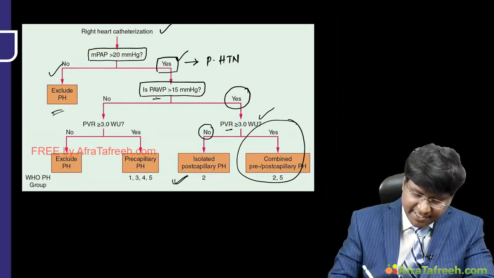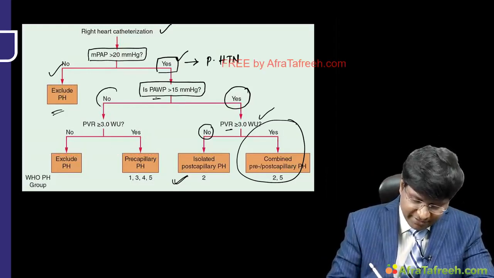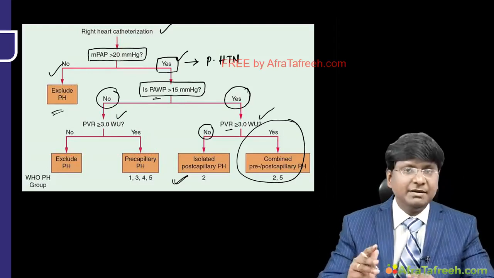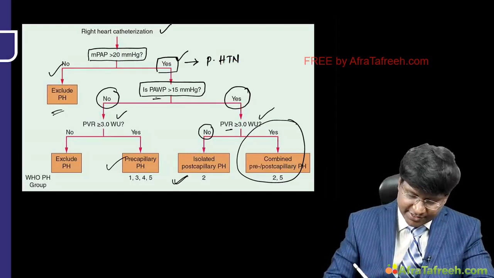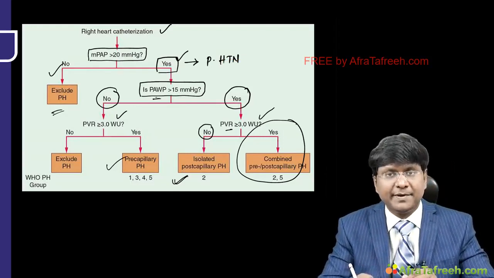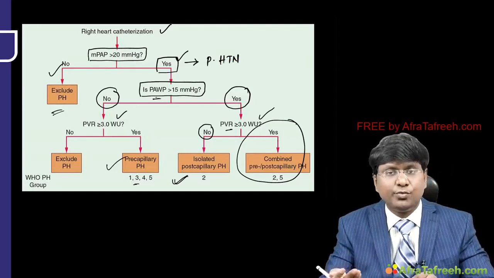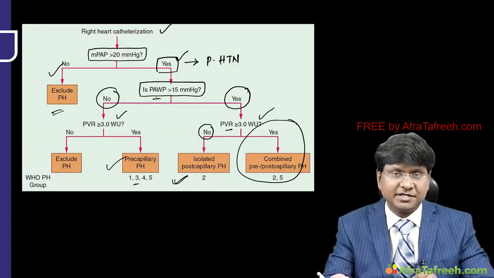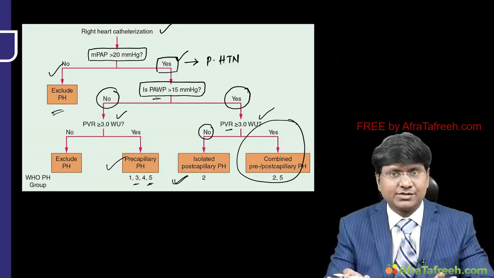And if pulmonary arterial wedge pressure is not more than 15 millimeters of mercury, but pulmonary vascular resistance is more than or equal to 3 Wood units, then you need to consider it as the isolated pre-capillary pulmonary hypertension. That includes the idiopathic. Then group 3 will be your lung pathologies. Group 4 will be your chronic thromboembolic pulmonary hypertension. And group 5 will be rare causes or miscellaneous causes.